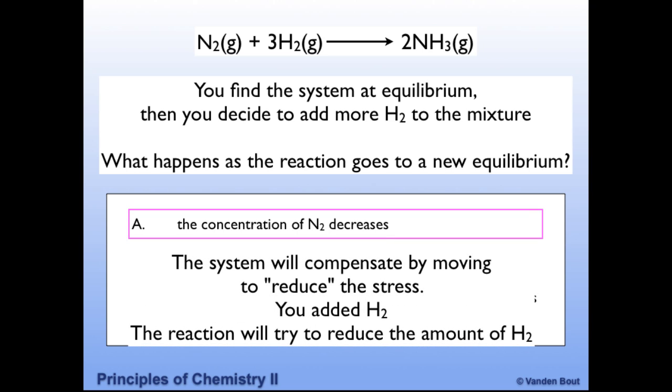So here's the answer: of course, if you add something to the reactant side, the equilibrium is going to shift to try to undo that change. And the way it can do that is by moving molecules from the reactant side to the product side. And so you'll see a decrease in the concentration of N2. The system's going to compensate by reducing the stress. You added H2, the reaction will reduce H2.